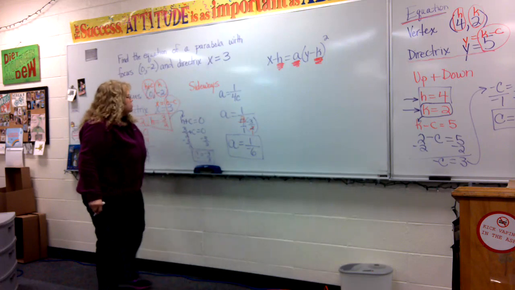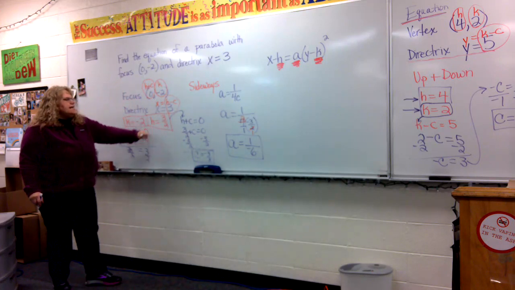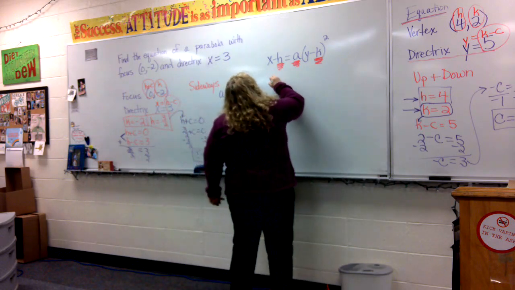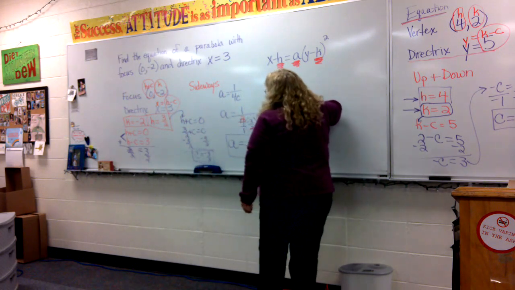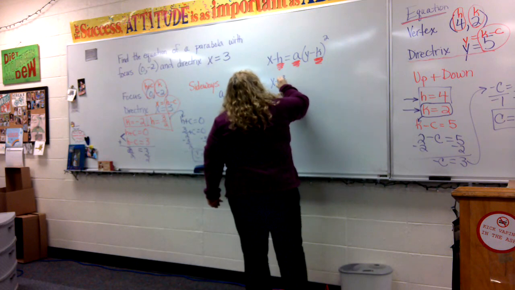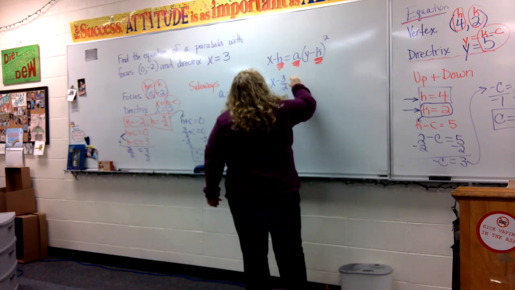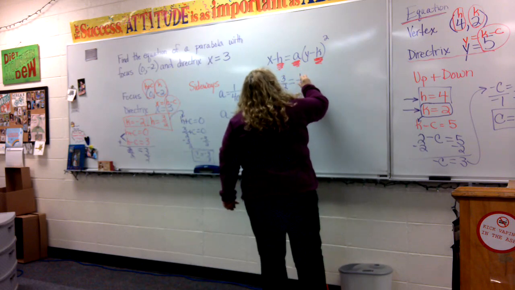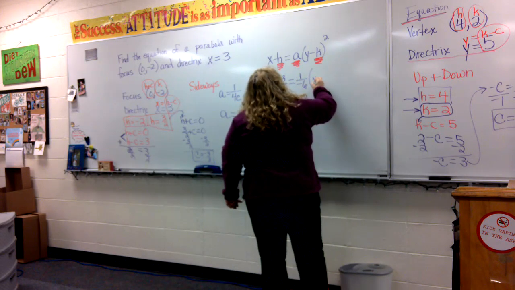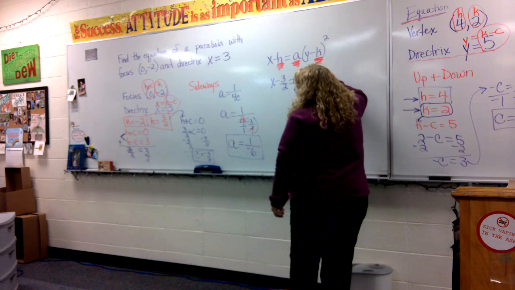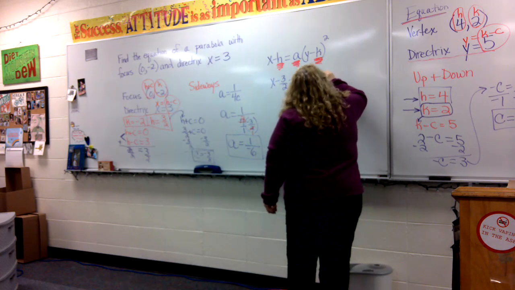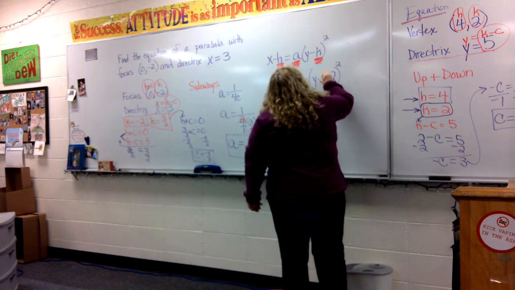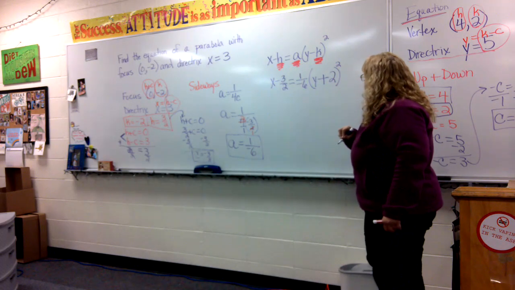You're just going to have to be careful. Here's your h and k. So just plug in. x, take away what's h? 3 halves. a is 1 over negative 6. y, take away negative 2, which is going to end up being positive then, right?